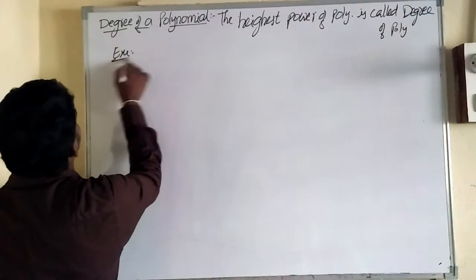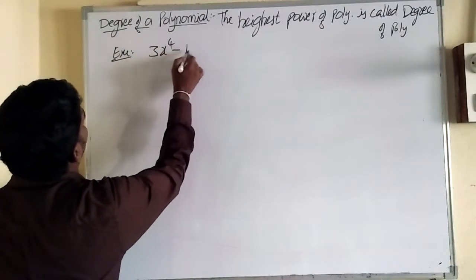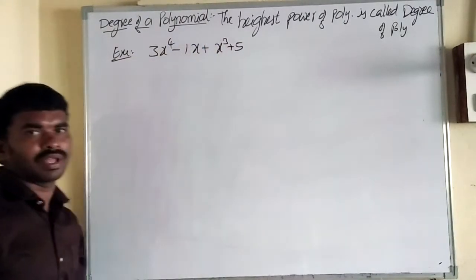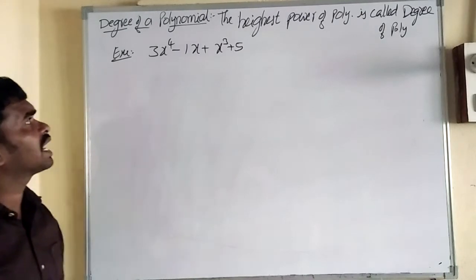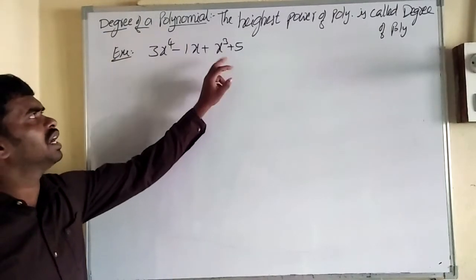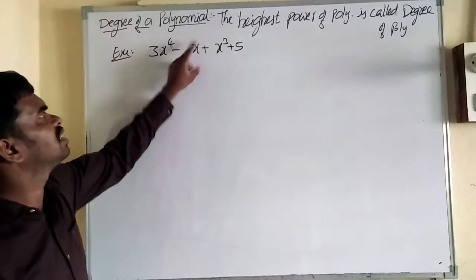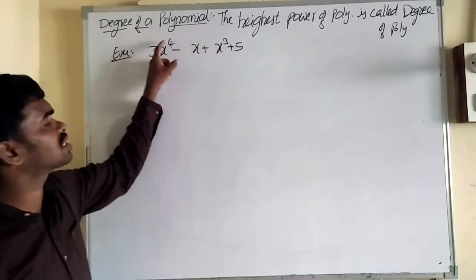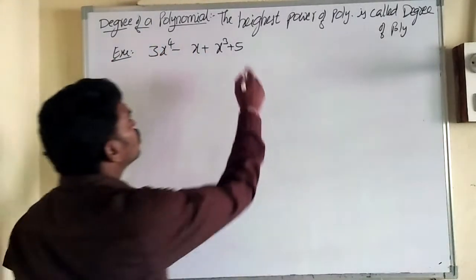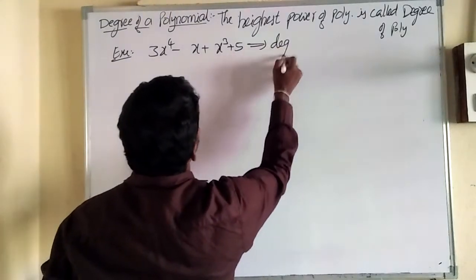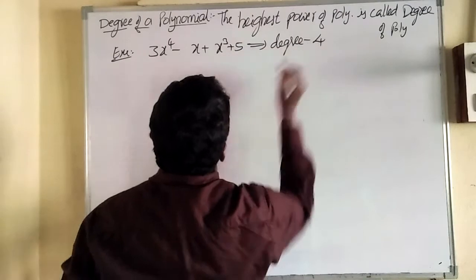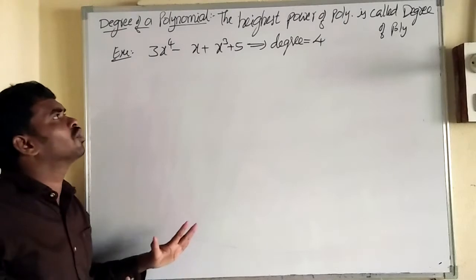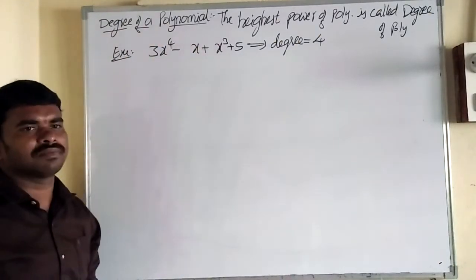For example, 3x power 4 minus x plus x cube plus 5 is a polynomial. What is the highest power here? Here x power is 1, here x power is 3, and here x power is 4. So 4 is the highest power. So for this polynomial, the degree is equal to 4. That's it, very simple. Degree means highest power.